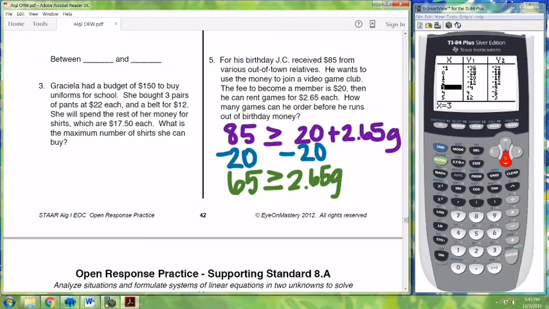So this says g is 24.52. Okay, so the games has to be less than 24.52. Again, you can't buy 0.52 of a game, so I would rewrite it, and I'm going to go ahead and flip the inequality over and say that the games have to be less than or equal to 24 games. That's all I can get.